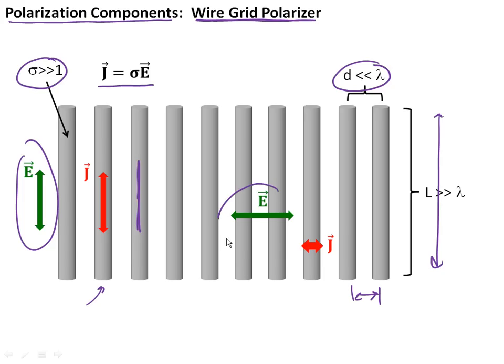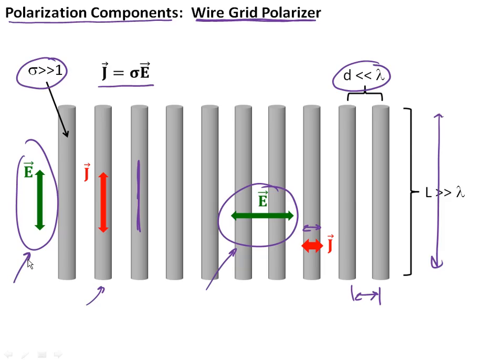Well, let's look at the case that the electric field is essentially perpendicular to the wires, as shown here. In this case, the electric field tries to accelerate the electrons, but they really have nowhere to go because these wires are so much smaller than the wavelength. They're essentially fixed in space. The electrons can't be pushed around by the field, and so very little energy of the electric field goes into moving the electrons, and so this is transparent to electric fields in that direction and opaque to electric fields in that direction.